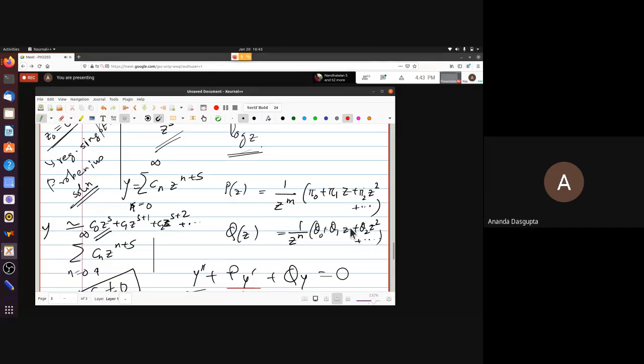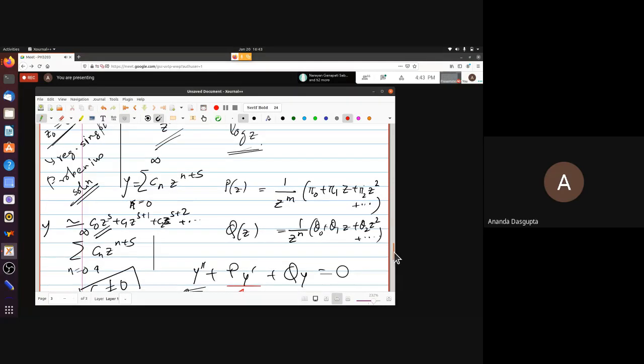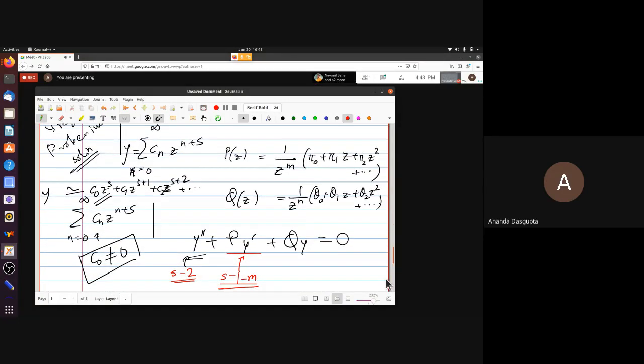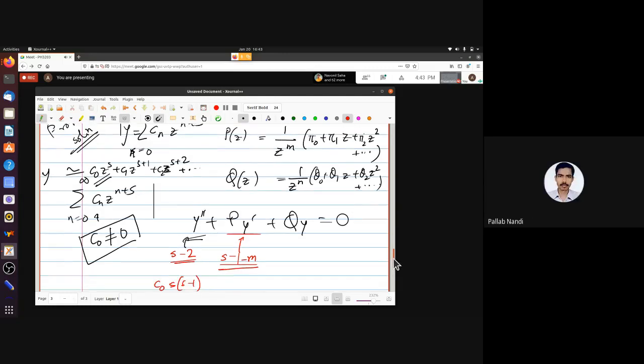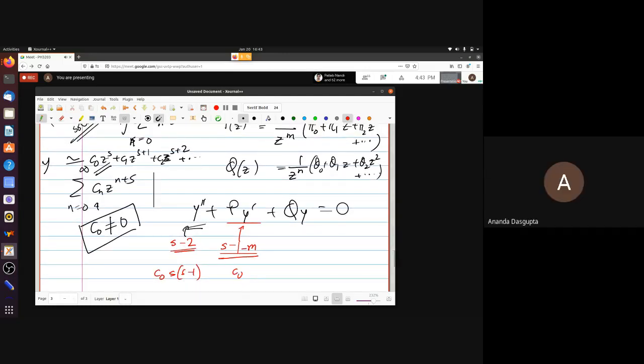Is that clear to everybody? So that means the coefficient there will be c0 s times pi 0. Again, pretty straightforward: s from the differentiation, c0 was already there, and pi 0 comes from p.